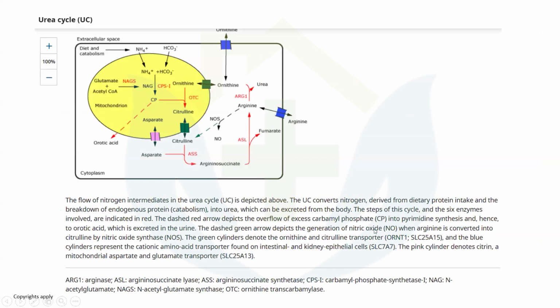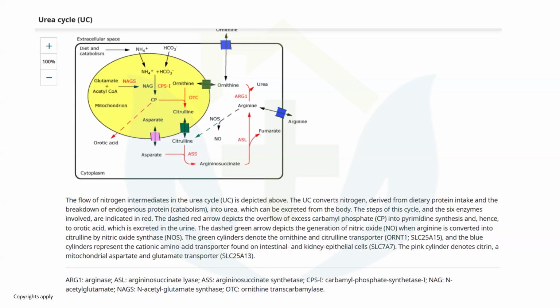Okay, this picture is the urea cycle pathway. So we see that here is the ammonia, and ammonia with bicarbonate forms this, we can see it forms citrulline, and then with ornithine, citrulline goes to argininosuccinate, and from there arginine, and then finally urea is formed.